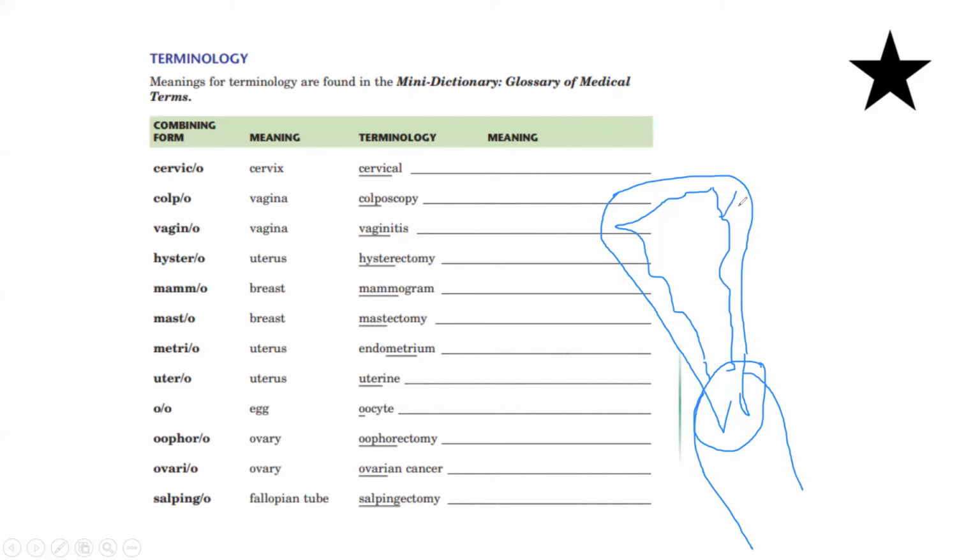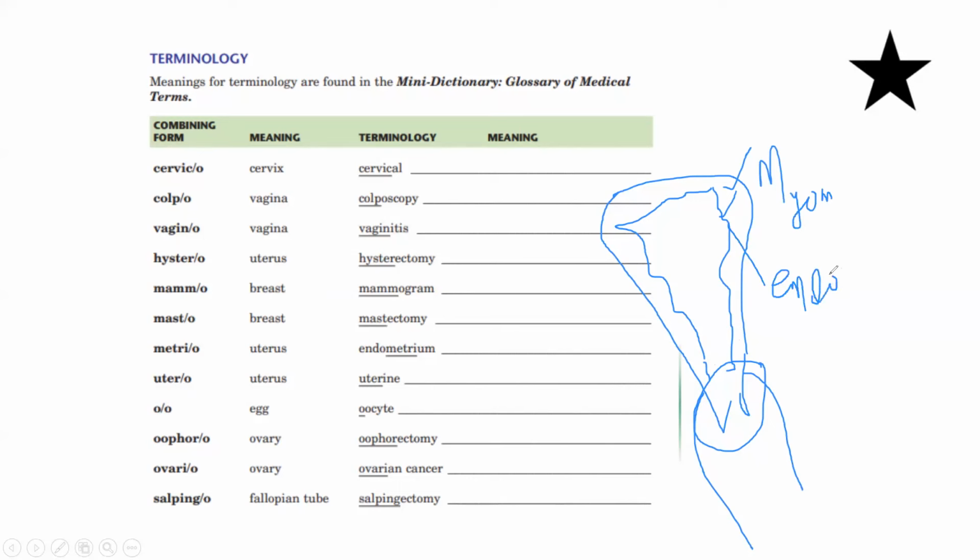Then we have over here a layer of muscles, very strong muscles. This we call myometrium. Myo means muscle. This is endometrium, the inner lining of the uterus.